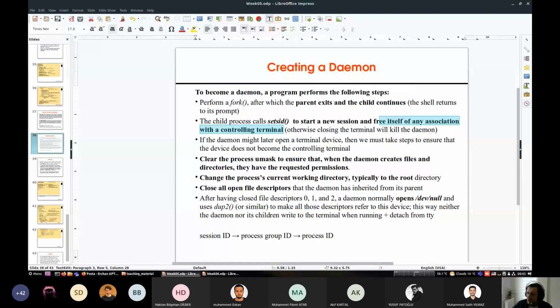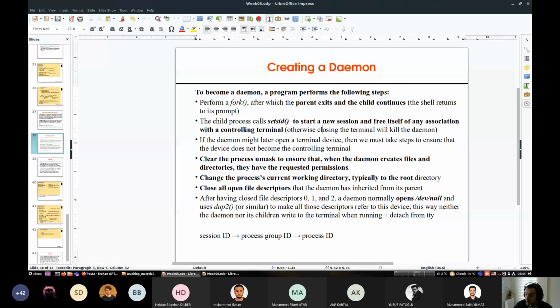Why does it try to cut off the connection between the terminal and the daemon process that we started, so that closing the terminal will not kill the daemon? So it is trying to protect itself from being accidentally closed in any way.